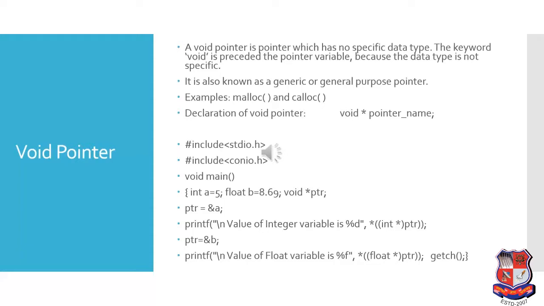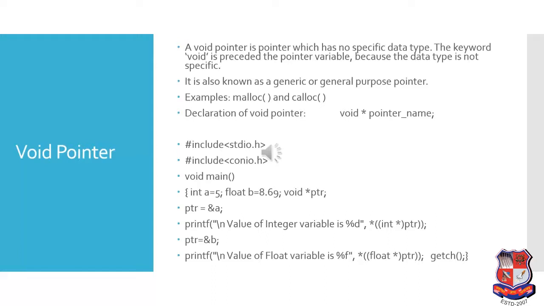To avoid such errors, we may declare void pointers. Now, what is a void pointer? It is a pointer which has no specific data type. The keyword void precedes the pointer variable. They are also known as generic or general purpose pointers.